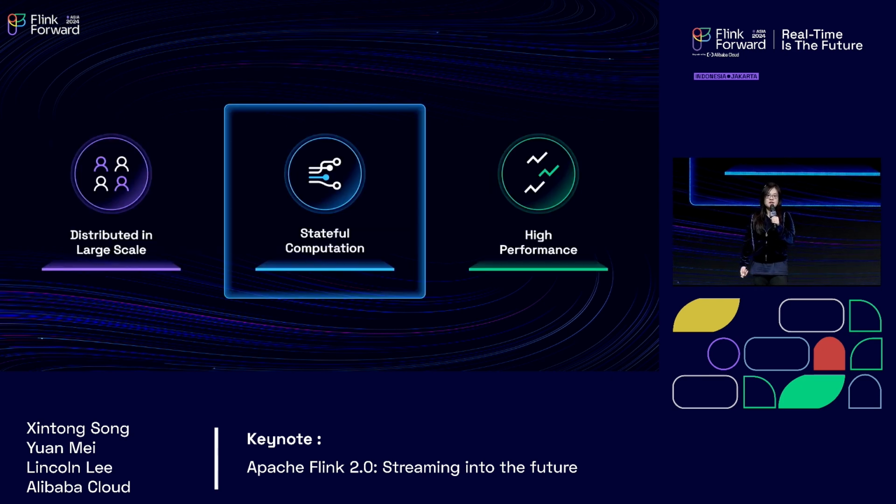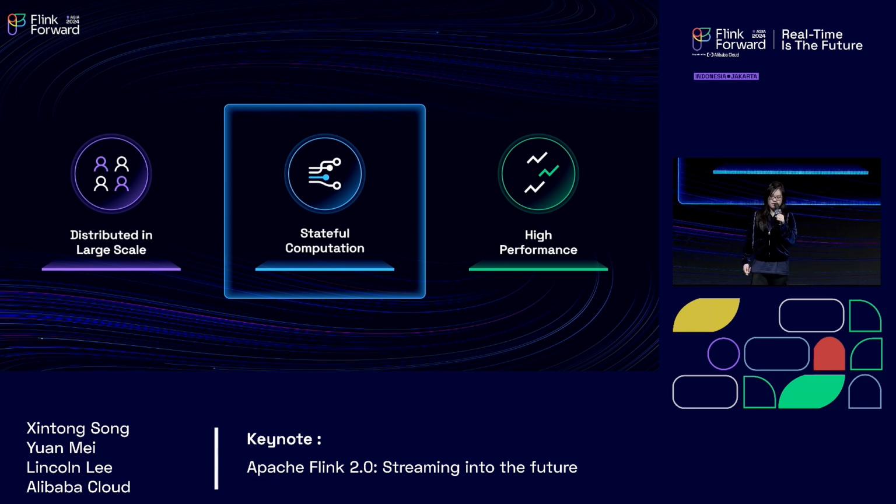This year is the 10th anniversary of Flink becoming a top-level project of the Apache Software Foundation. Over the past decade, Flink has been blooming. It's been widely used in many different areas, and it has developed rich upstream and downstream ecosystems.